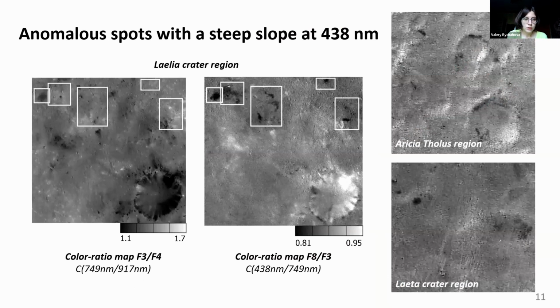The next feature is spots that demonstrate anomalous spectral slope, and as we could see, such spots are not recognizable on the color ratio map F3 to F4, but are very bright and really recognizable on the color ratio map F8 to F3.